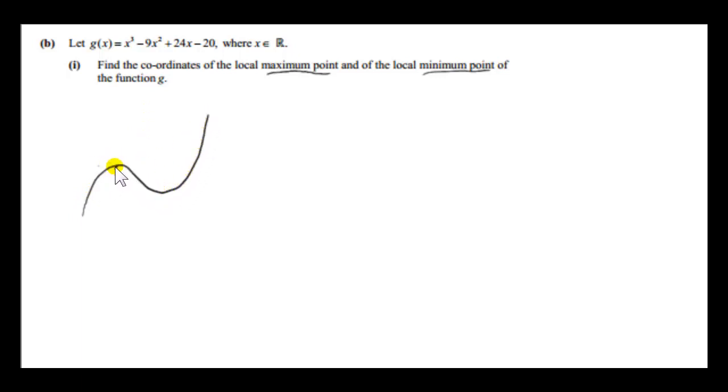One is called a local max, because in this locality this point is the highest point of the curve, and this point is called a local minimum, because in this locality this point is the lowest point of the curve, but actually there are points that are below this point, but just in this locality we have a minimum. So it could look like this, or it could look like this. Sometimes a cubic doesn't have any turning points, but this one must have turning points.